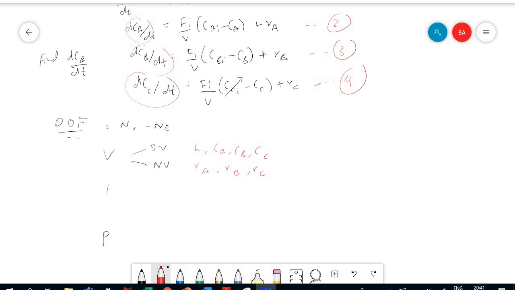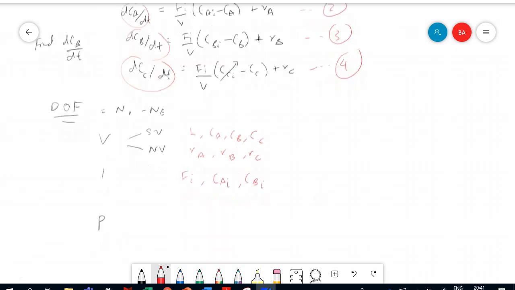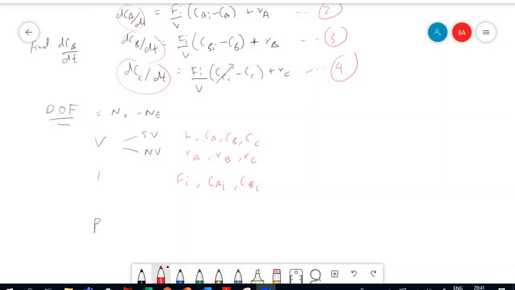Okay, so let's go to the inputs. What are the inputs? The inputs are Fi, CAI and CBI. And we already said CCI is equal to 0, so we are not going to include it because it will not appear. What about the parameters, the constant values? We have V here, which is equal to area times height.